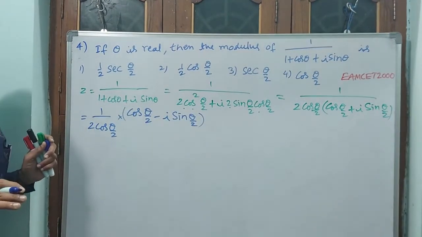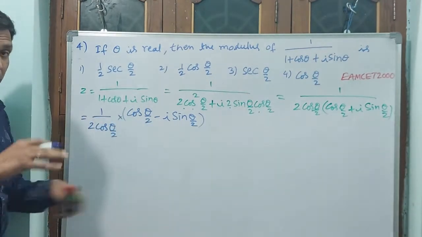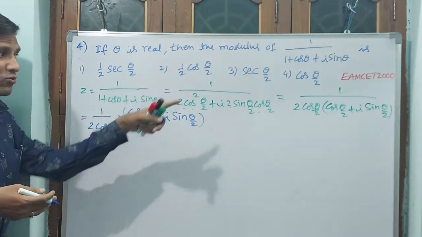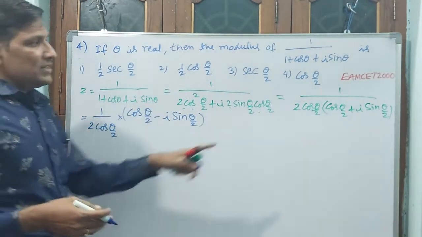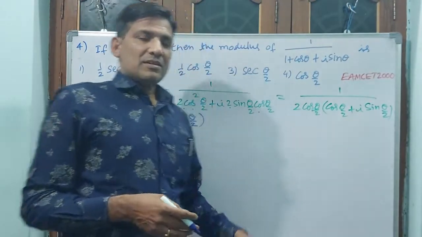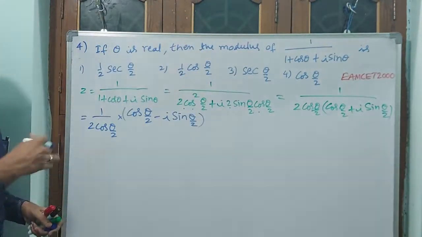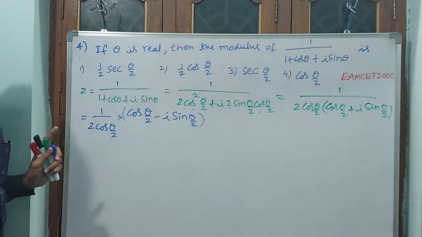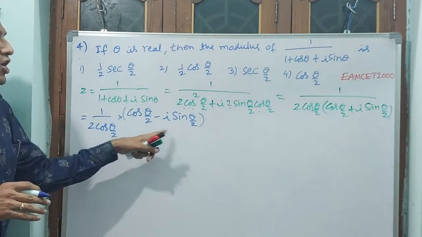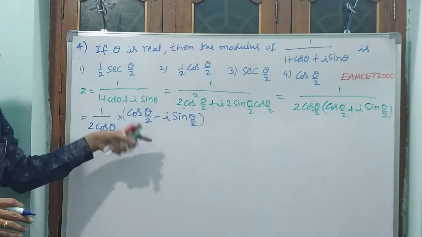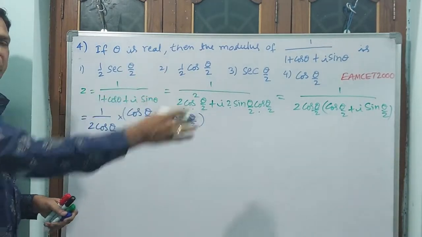The conjugate of CIS theta is, with a minus, that means minus you have to write. This is CIS, but C minus IS means minus CIS. Why? Because the conjugate will come if you make the reciprocal.